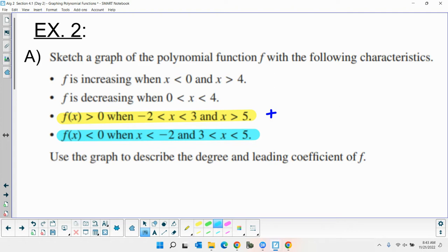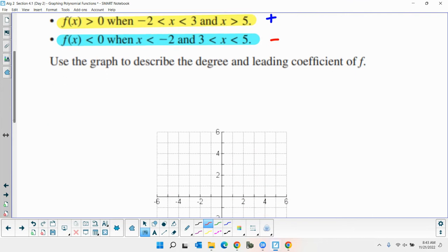Greater than 0 is positive. Less than 0 is when it's negative, which was the red pen, right? So we're going to sketch the graph, but let's highlight. The positive areas are between -2 and 3 and greater than 5.